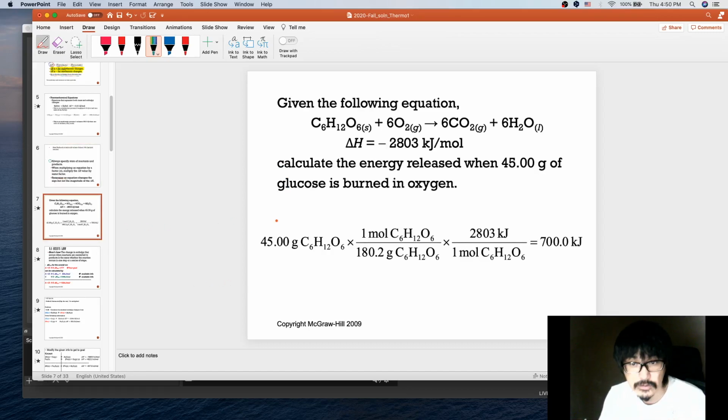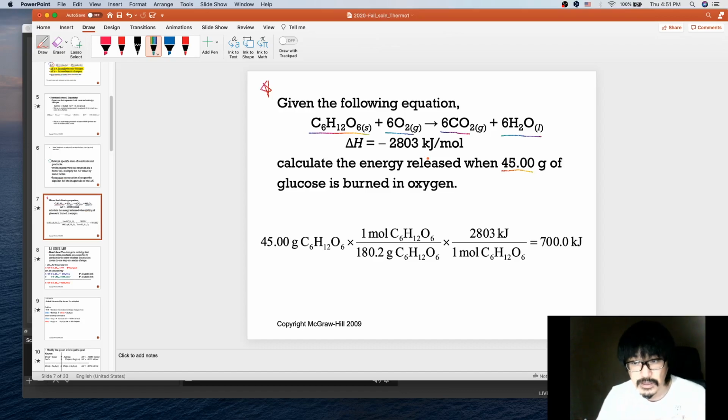So let me go through several examples here. The given reaction means that 1 mole of C6H12O6, that's glucose, the sugar, reacts with oxygen to produce CO2 and H2O. That's 1 mole, and 1 mole is 180 grams. But what if you are interested in only 45 grams of glucose, not the entire mole, but just part of it?